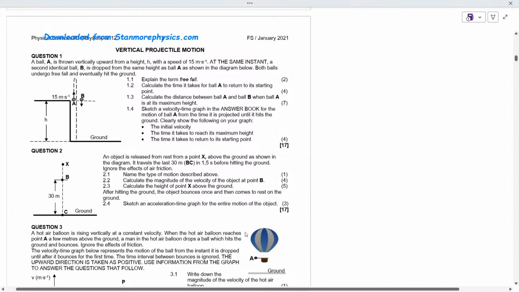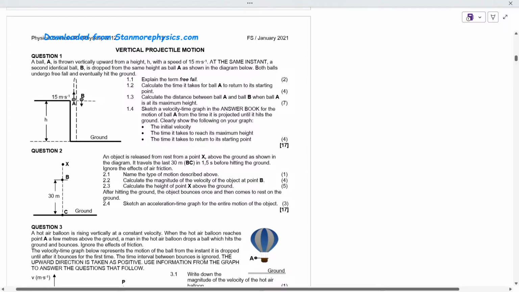Is there a specific section of vertical projectile you want us to look at? I cannot say, because I think it is written into vertical projectile. Okay, we can do all the vertical projectile problems.